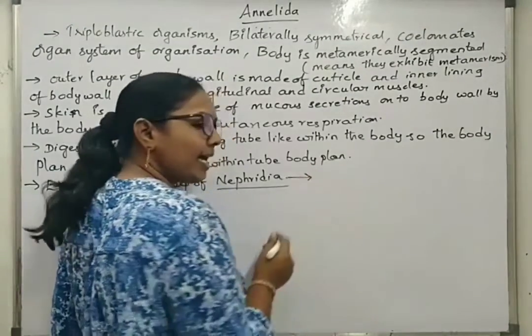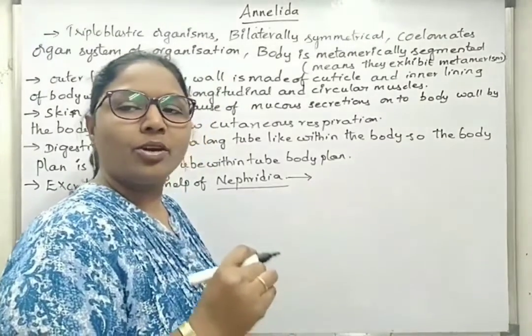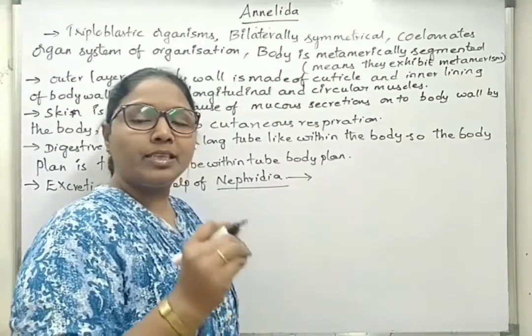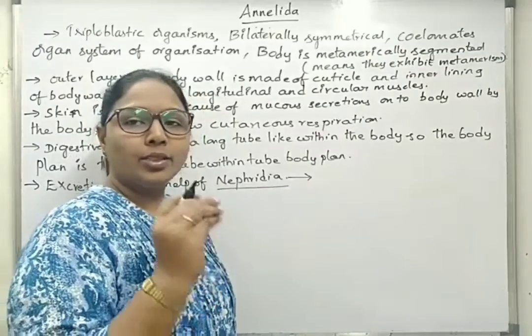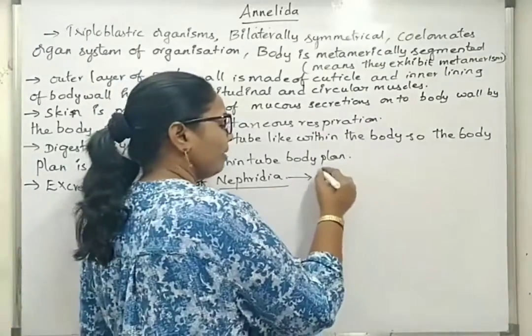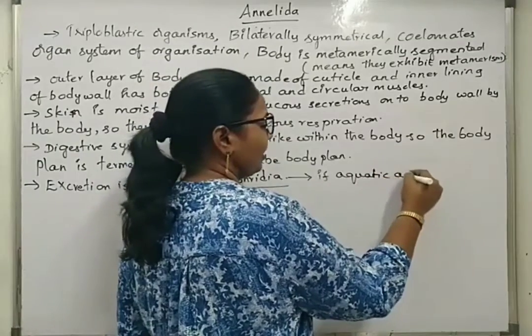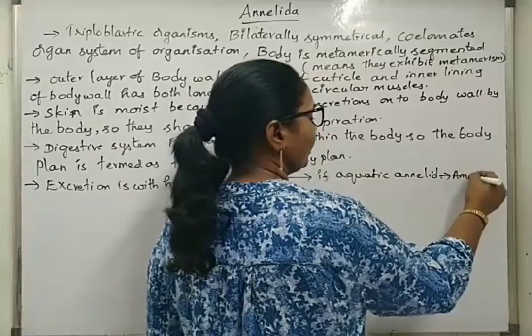If the organism is aquatic, then the excretory material will be ammonia, so they are called ammonotelic. If the annelid is terrestrial, residing in less water content, then it is called ureotelic.